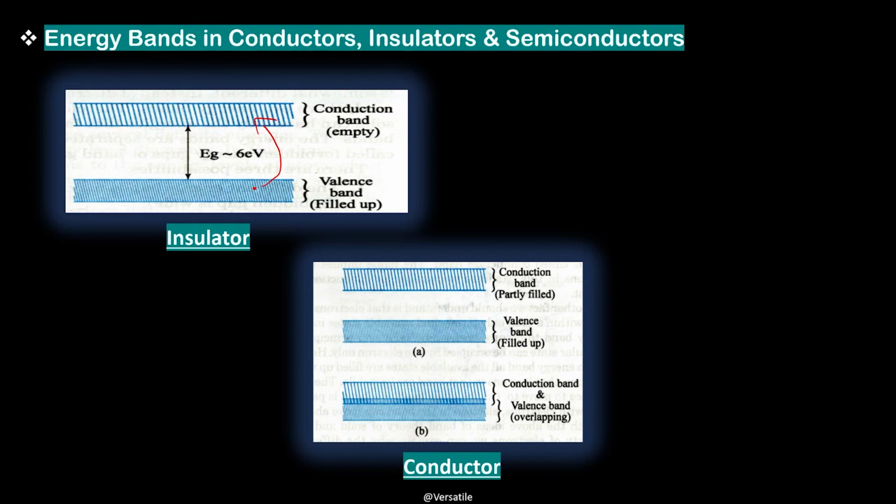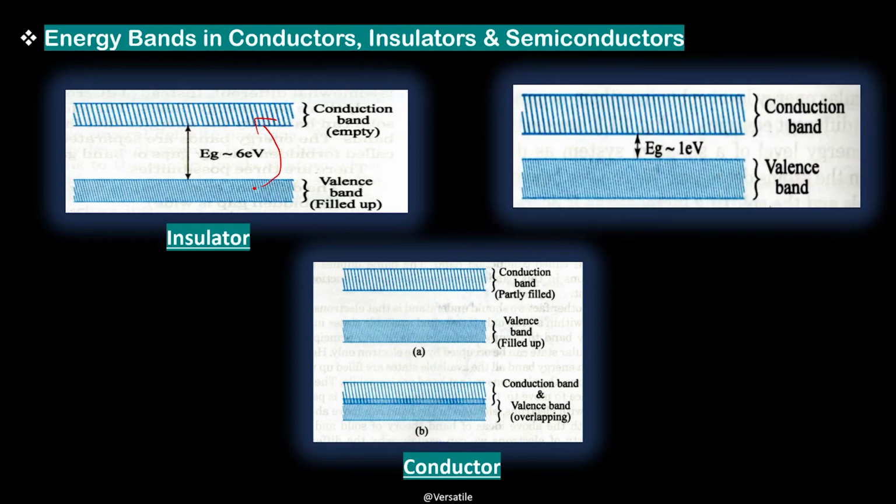In both cases, there are available states for electrons to move about. And since the gap between the energy levels is infinitesimally small, the electrons can easily move to the higher energy states, and these electrons act as the charge carriers in the conductor. These electrons are called conduction electrons or free electrons.